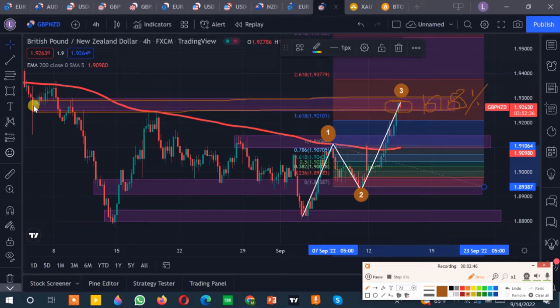From this resistance area we can think this is the point 3 or the end of wave 3.